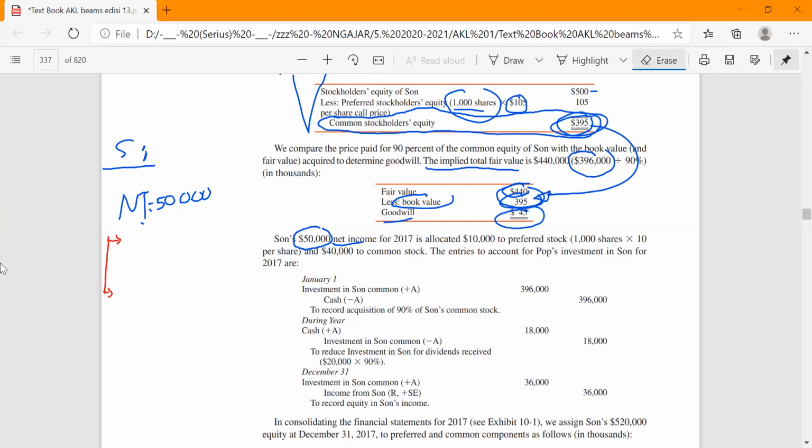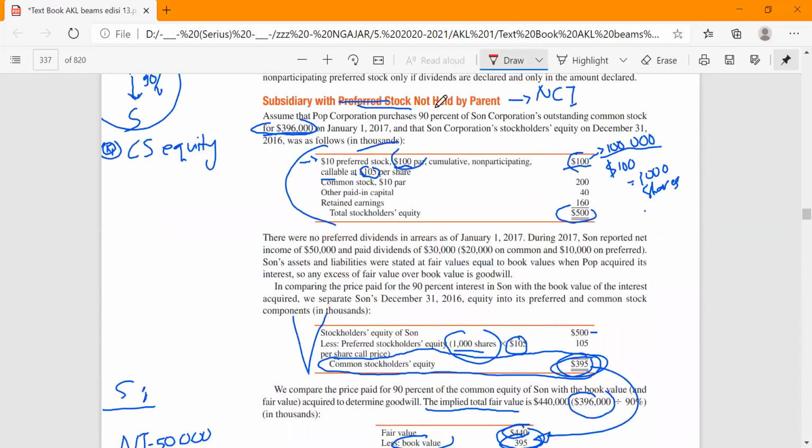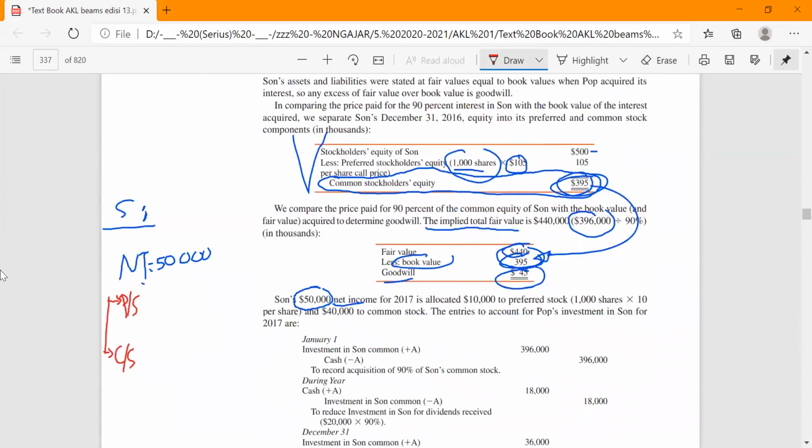The first one, we have to allocate first for the preferred stockholders, and then the common stockholders. Because the preferred stock is not held by the parent, these preferred stocks are only owned by the NCI, right? And then the common stock itself is owned by two types of parties, which are the parent and NCI.